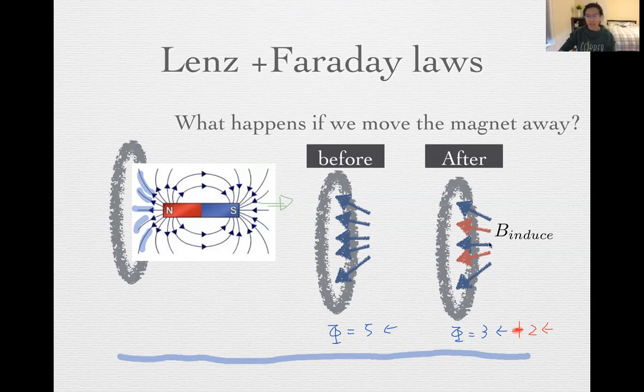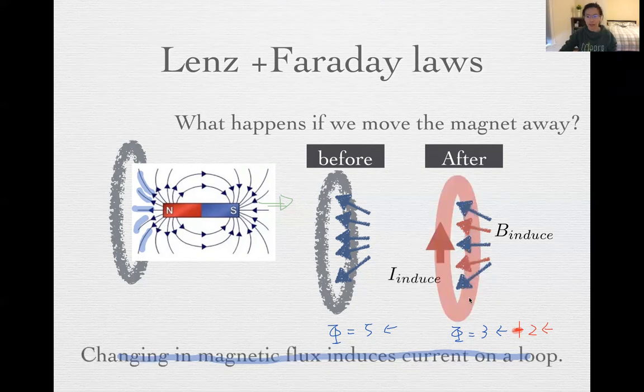Now this is a time where you want to use your right hand rule. To induce a magnetic field to the left, I must have a current running in this direction, as I draw it out.